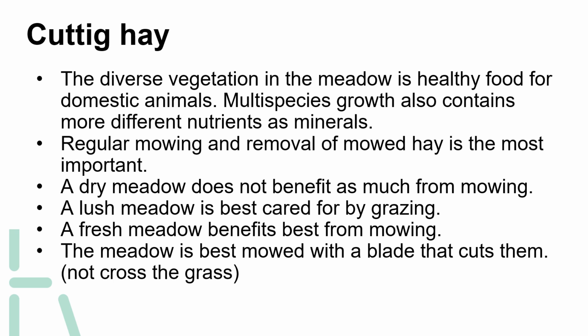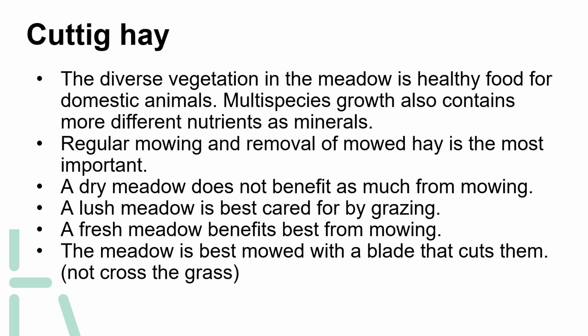But in a lush meadow, a fresh meadow with a lot of grass vegetation, temporarily flooded areas which dry out during the summer, lakesides and stream sides, there is a lot of grass that can be mowed and used. When you cut the grass, it's best done with a blade so that the grass is cut, not crushed.